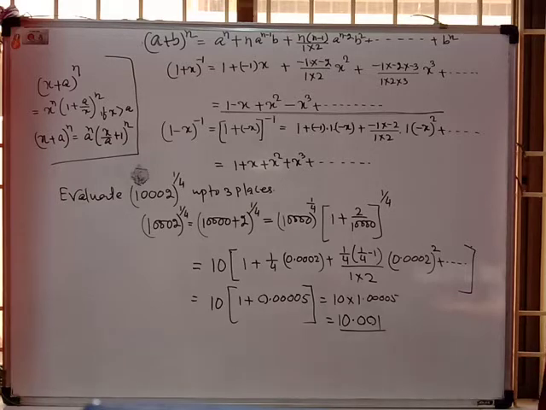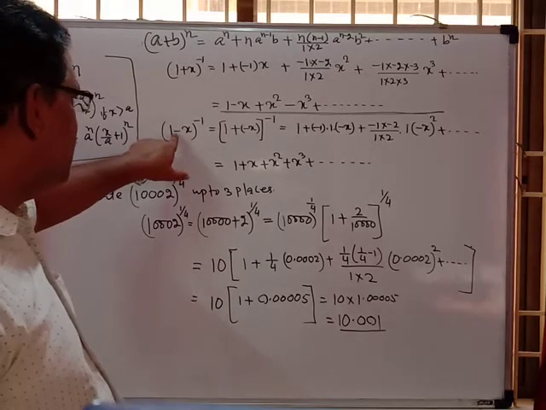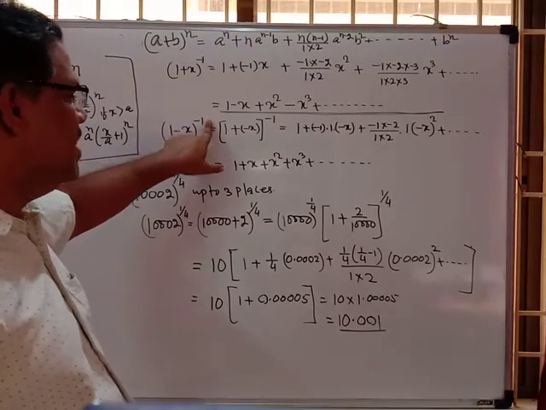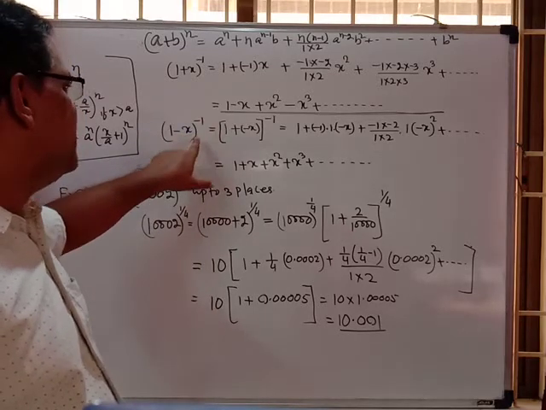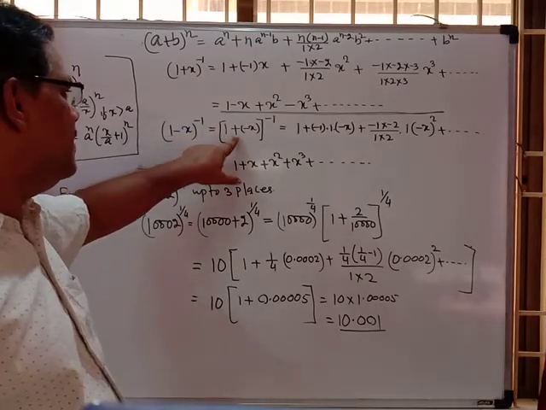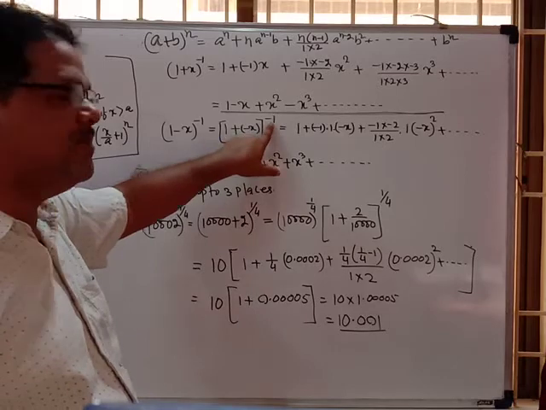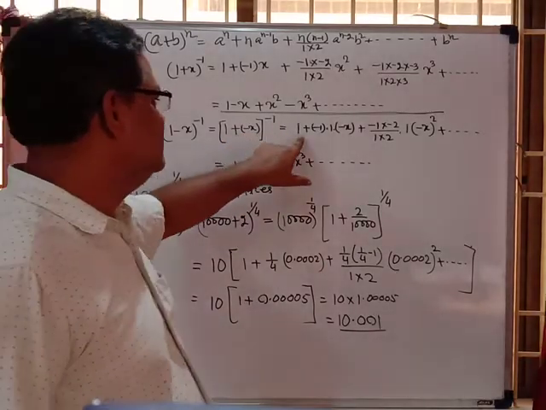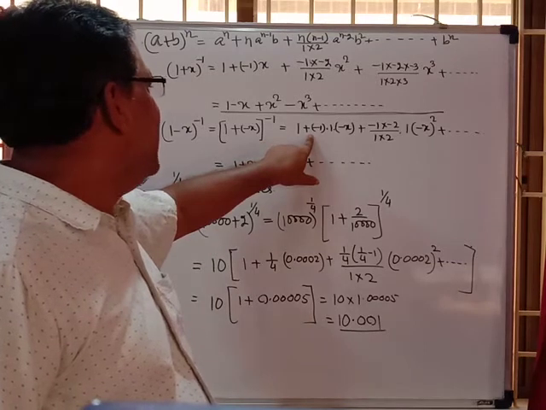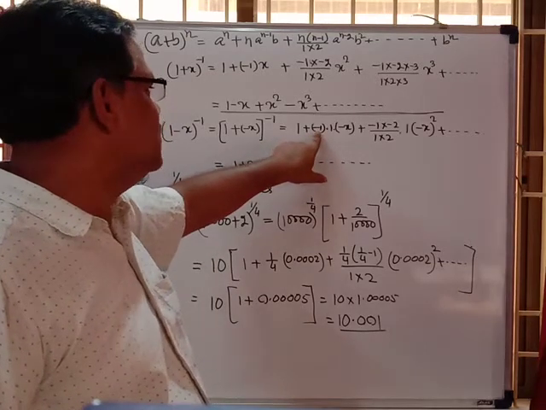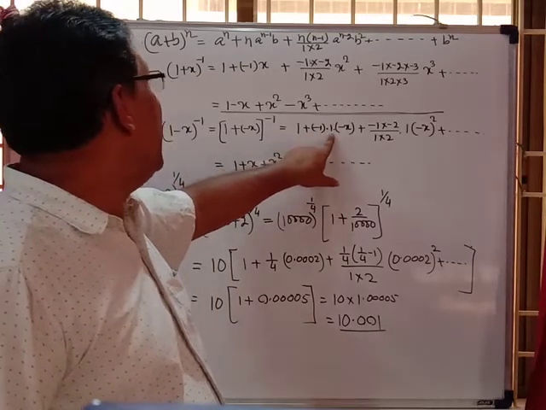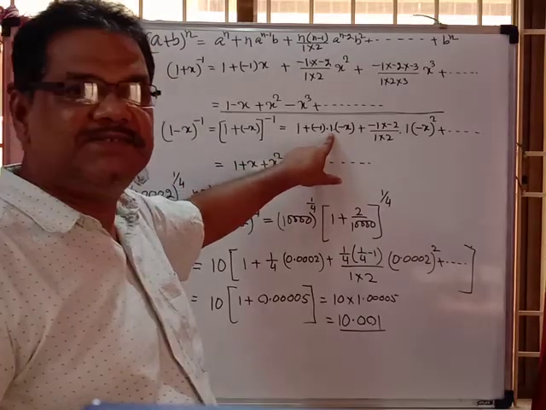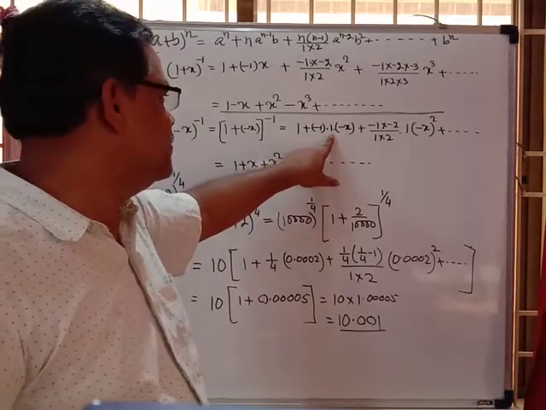In the same manner, take (1 minus x) to the power minus 1. This is equal to (1 plus (minus x)) to the power minus 1, that is 1 plus n, where in place of n it is minus 1 and in place of a it is 1, because the first term is 1 and its power is always 1.